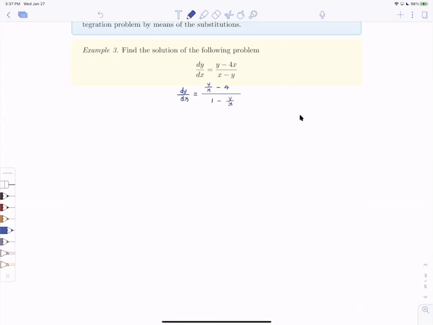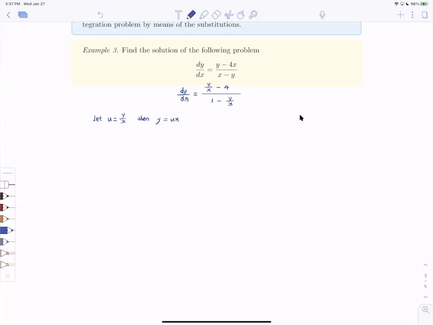Okay, so now we have a function of y over x. Now you can make substitutions, so let u equal y over x. Then my y equals ux.